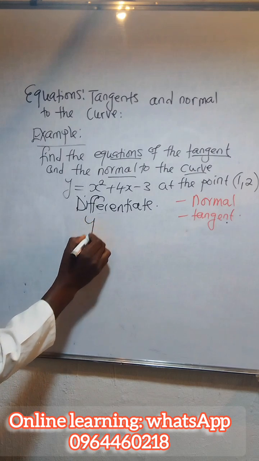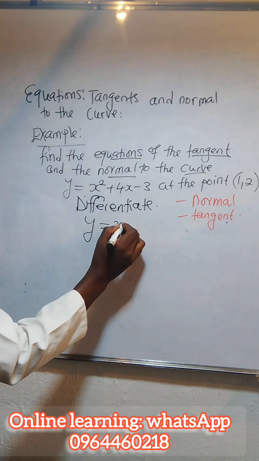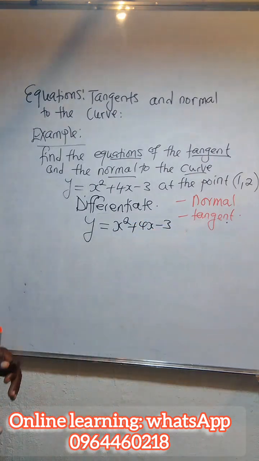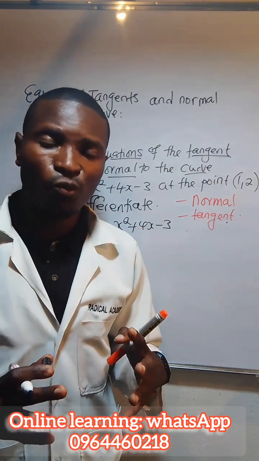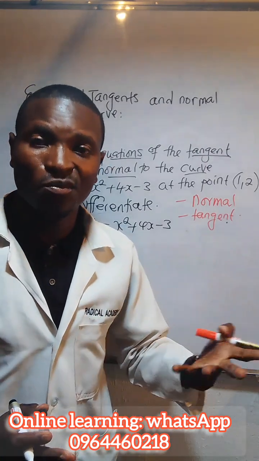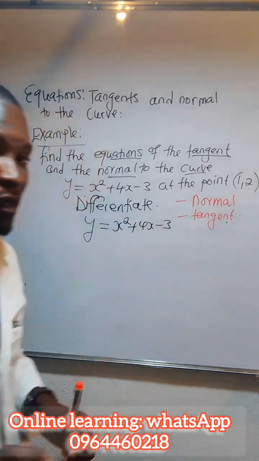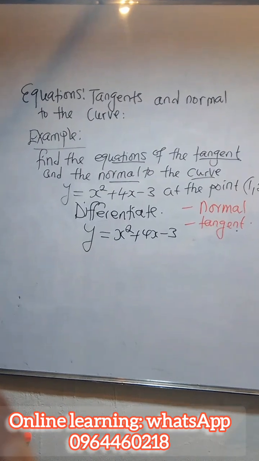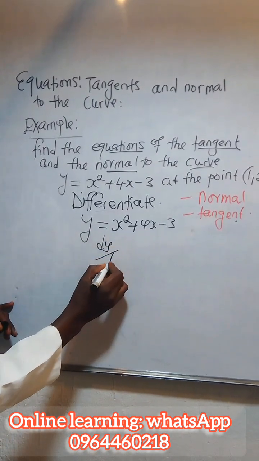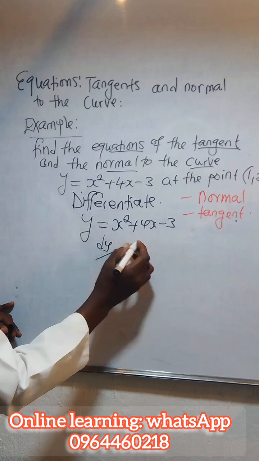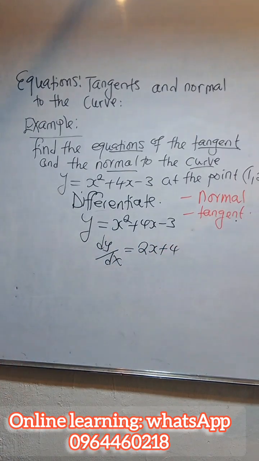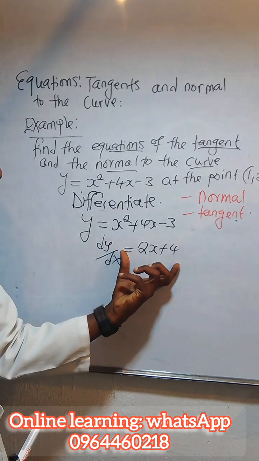So y is equal to x to the power 2 plus 4x minus 3. We have learned about differentiation, so we're just going to use the simple power rule. So dy/dx is equal to 2x plus 4. Now this is what we have.